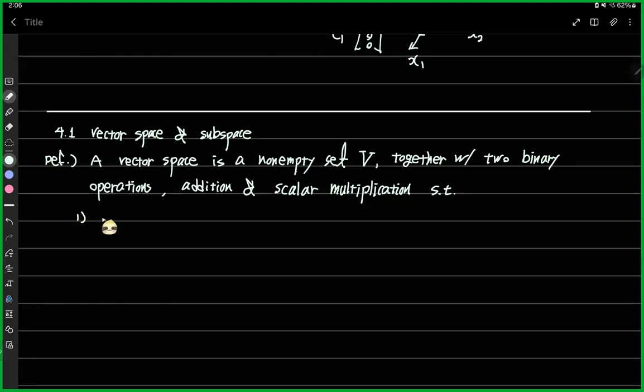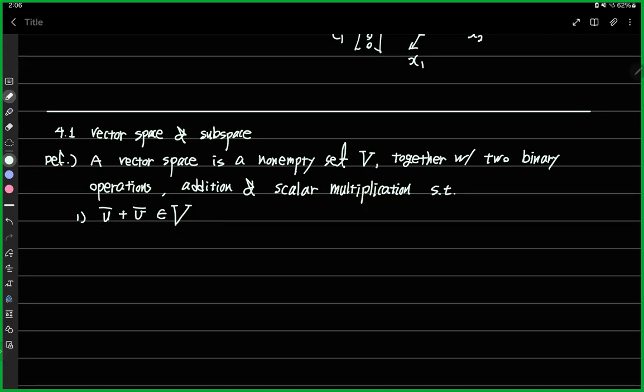So the first one: vector u plus v. This is v, okay, is in the vector space. So for given vectors u and v in the vector set V, u plus v is in that set.